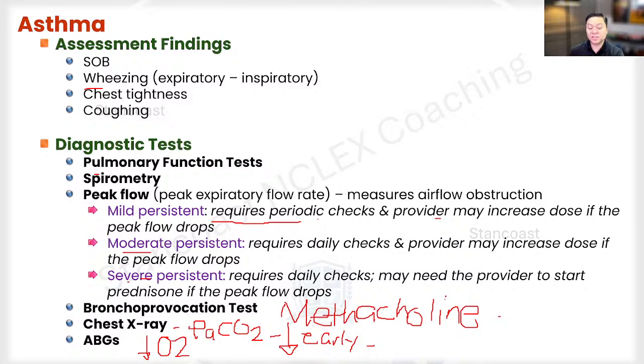They're losing a whole lot of the CO2. However, in the late stage, their CO2 level will start to go up. This is now because of the accumulation of CO2, and this is going to be seen in the ABGs as greater than 45 of CO2, as we know that the normal range is around 35 to 45 mmHg.